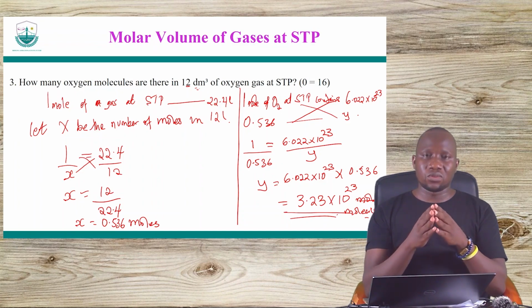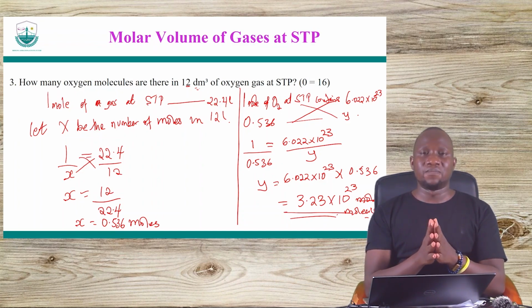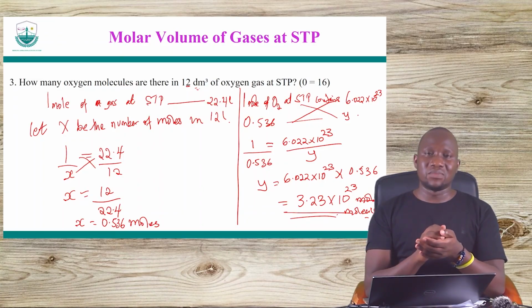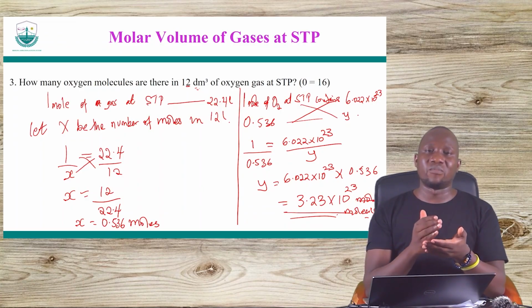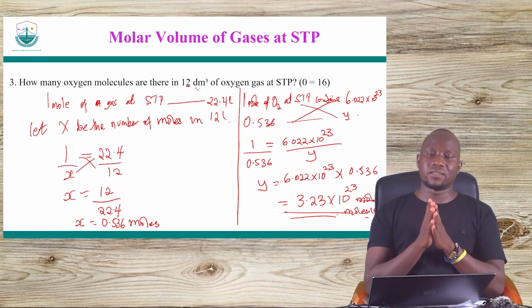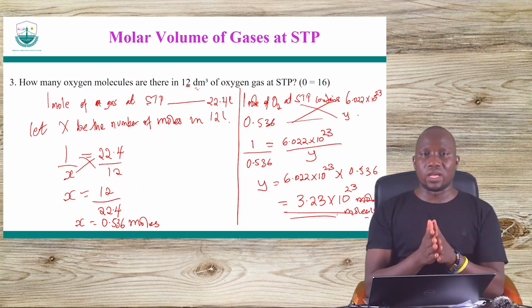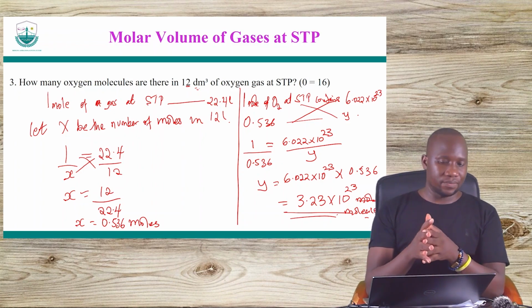We have also noted from Avogadro's law that if we have the same volume of gases at the same temperature and pressure, you will always have the same number of particles or molecules in those gases. Okay, thank you for listening.